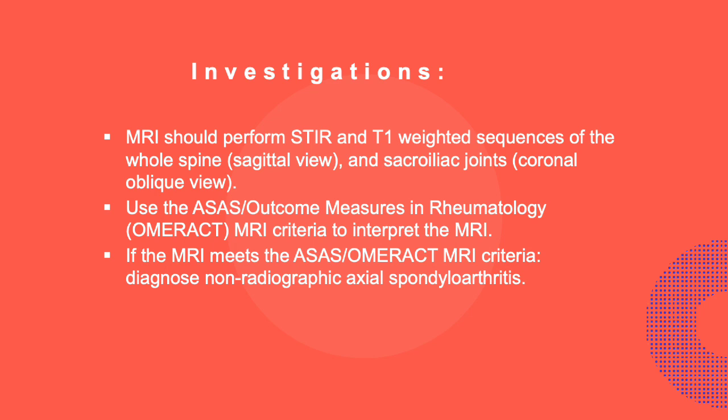MRI should include STIR sequences and T1 weighted sequences of the whole spine and sacroiliac joint, and the ASAS MRI criteria are used to interpret the MRI. If the MRI meets the above criteria, the diagnosis of non-radiographic axial spondyloarthritis is made.